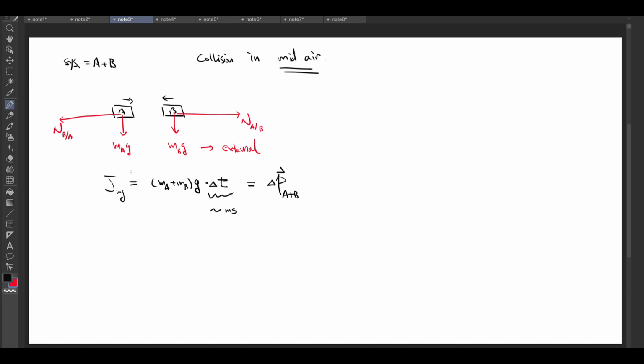So either from the magnitude of the force, but also the time scale, the delta T scale here, we can say we can neglect this. So in the future we are going to neglect this impulse due to gravity. So that's the collision process.